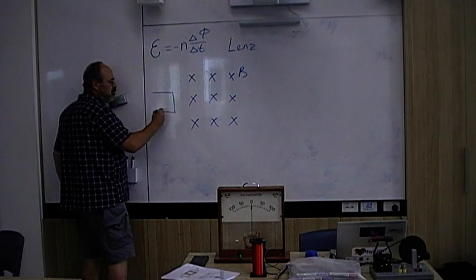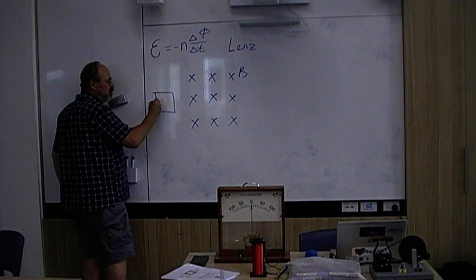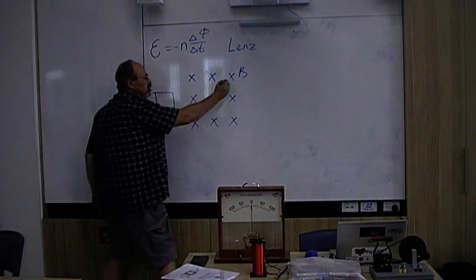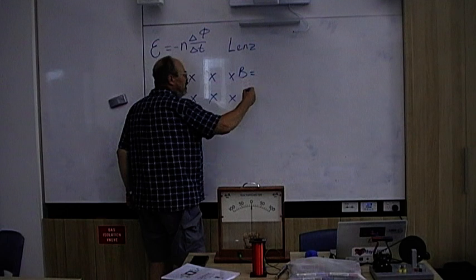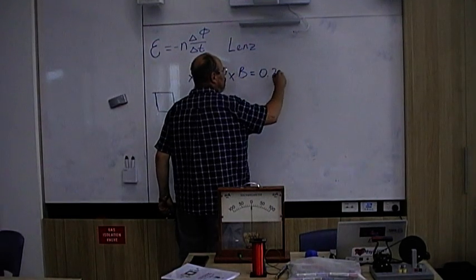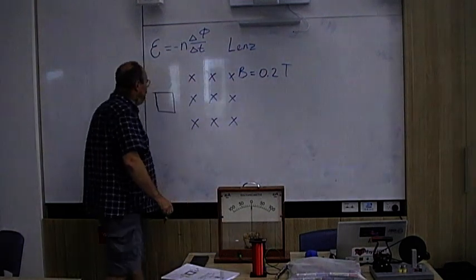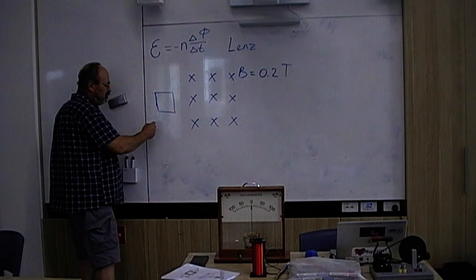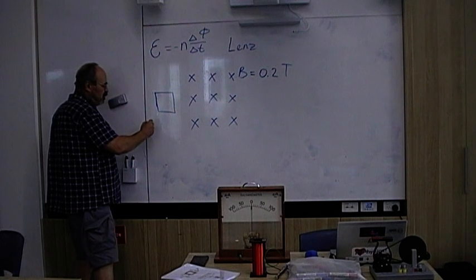Let's say the strength of the magnetic field equals 0.2 Tesla, and the area of this coil is 100 square centimeters.